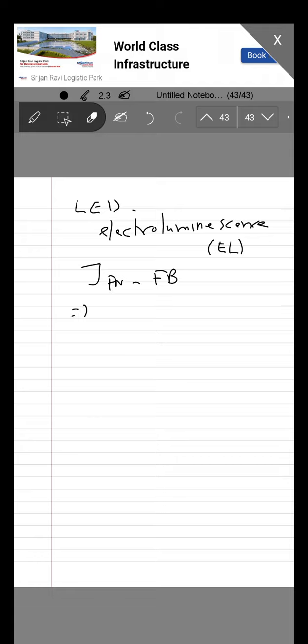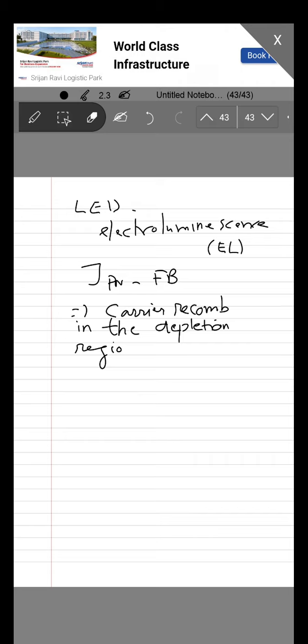so it means there is carrier recombination in the depletion region, and it generates light, so this causes generation of light.